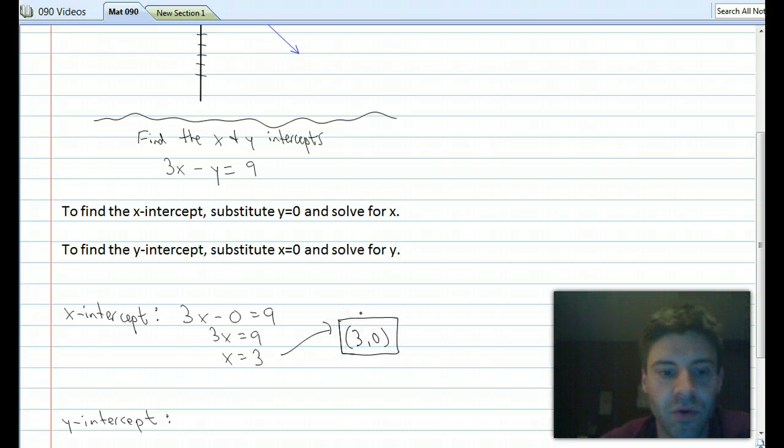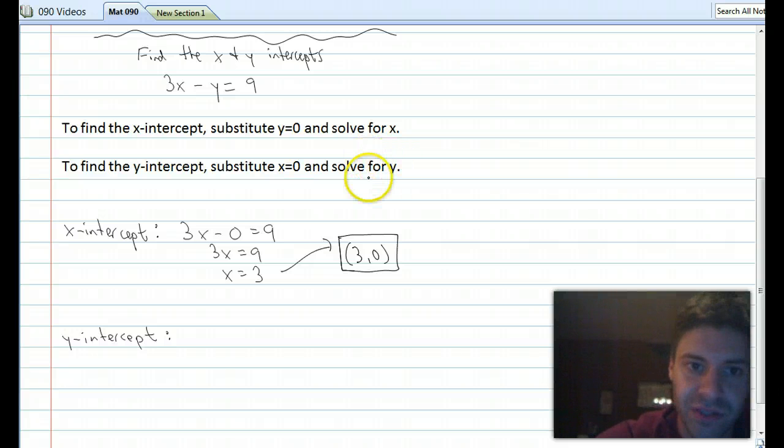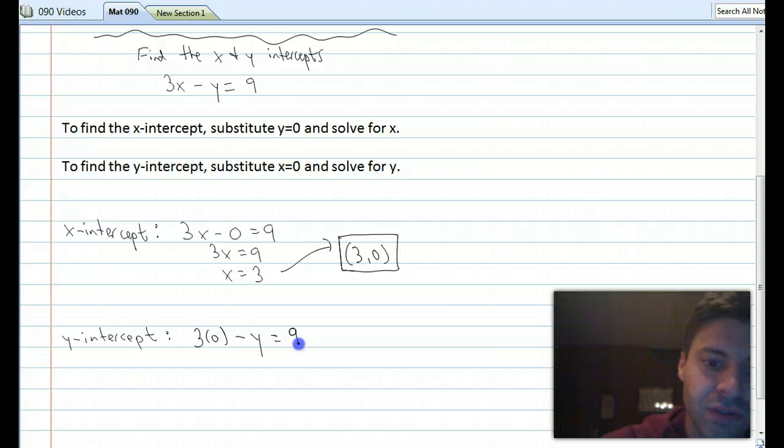Let's do the same thing with our y-intercept. The rule is, to find a y-intercept, we substitute in x equals 0 now, and we solve for y. So let's substitute x equals 0 into our equation. We have 3 times 0 minus y equals 9. 3 times 0 is obviously 0, and we're just left with negative y equals 9.